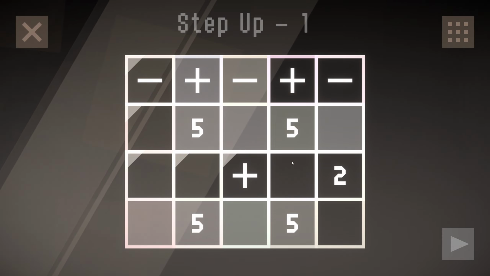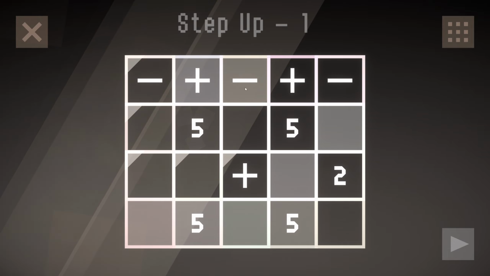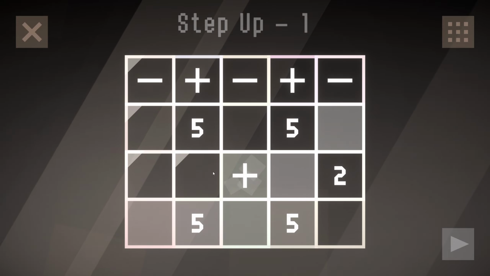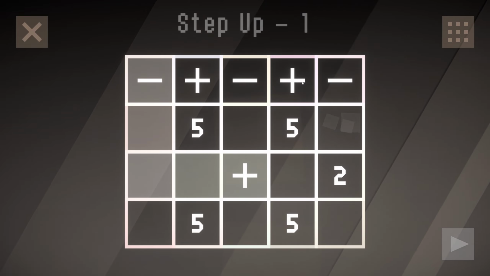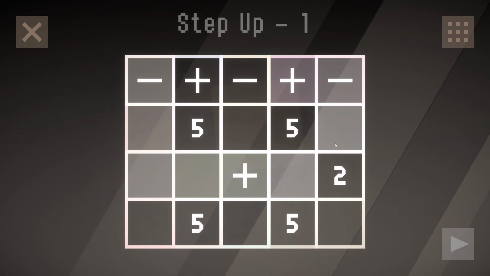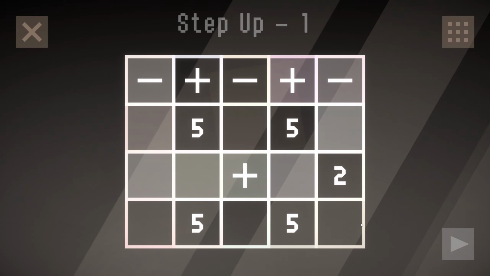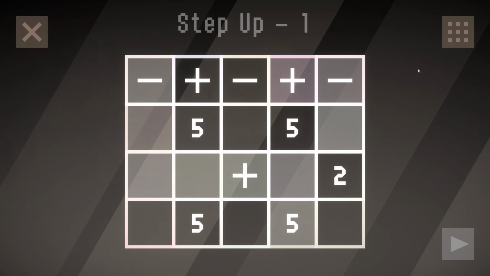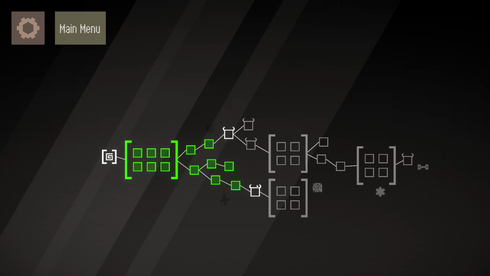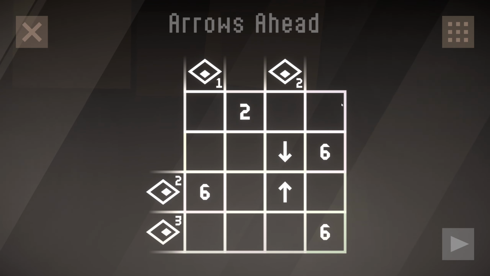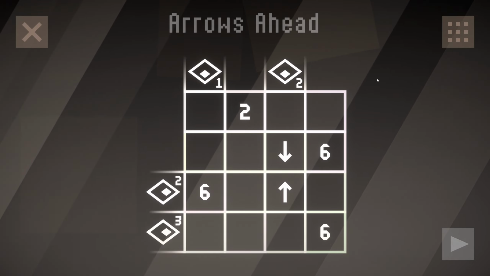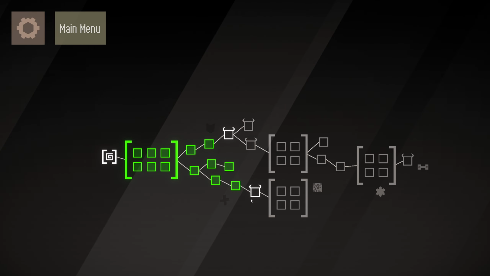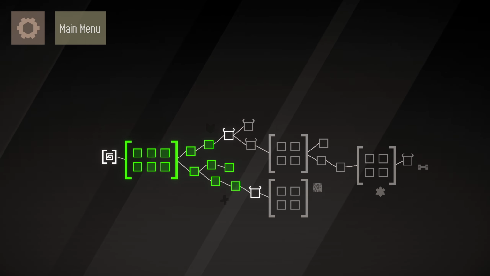Makes for a 10 piece. Oh god. What else do we have here? Arrows ahead. These arrows pointing to each other is something else that I'm not super fast on the uptake of.